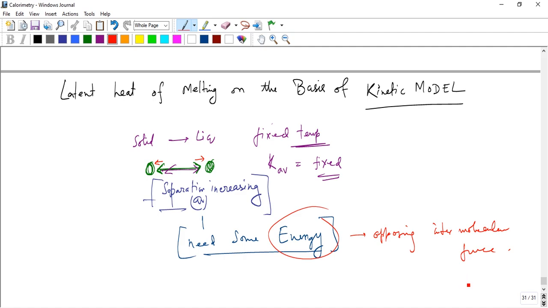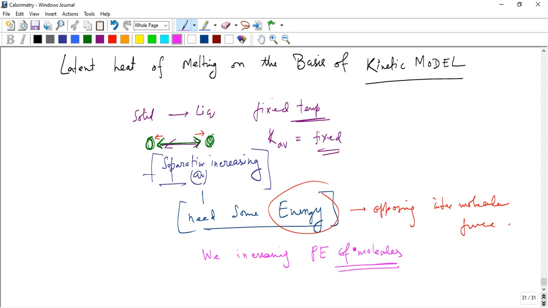If they are separated, we increase the potential energy of the molecules. There is some increase in volume, but it is negligible. Heat is not used for volume expansion.